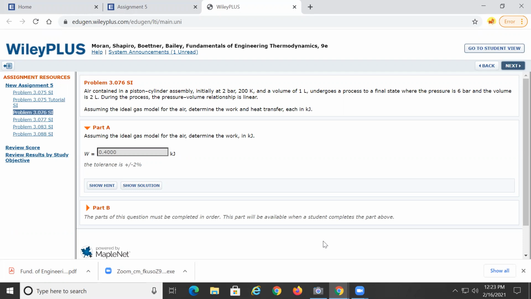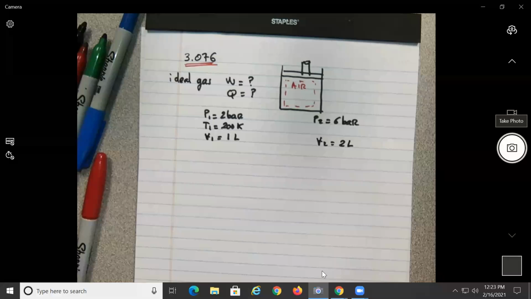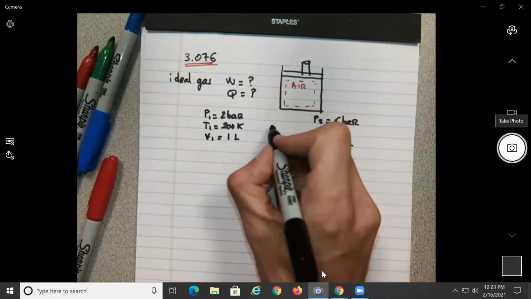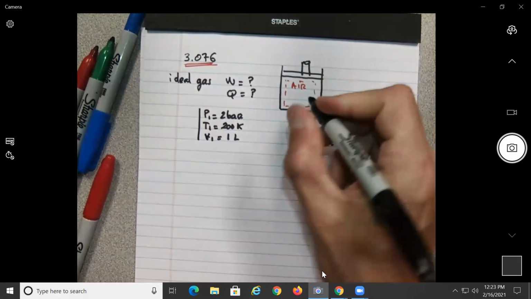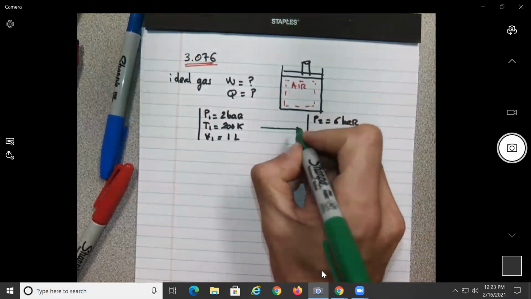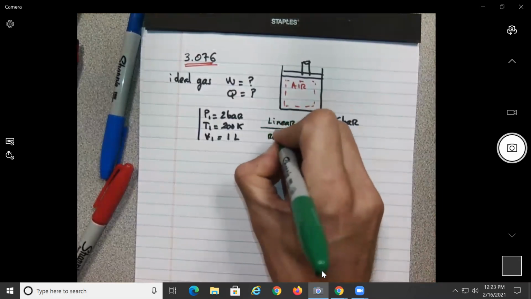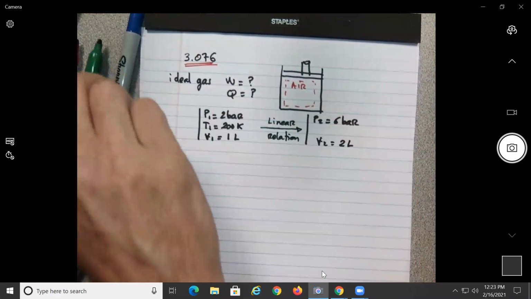We need to determine the work, W, and the heat transfer. And they tell you that the relation between the pressure and the volume is linear, no? Is that what they say?